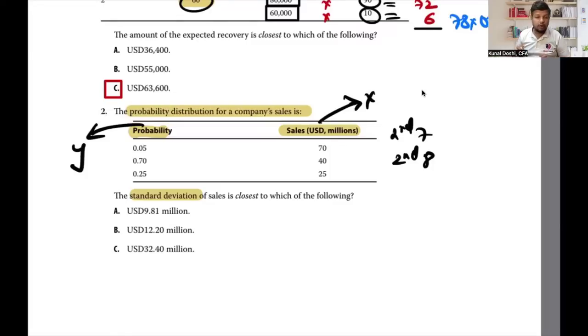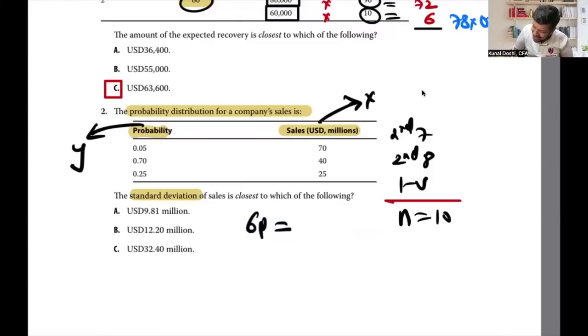And one more important thing is that, of course, I will go for 1V, but the most important thing is that in probability, since we take 100%, we always go for population standard deviation. That is what we'll be looking for. Before that, you will get N as 100 because you are going to take all the probabilities here: 5, 70, 25.